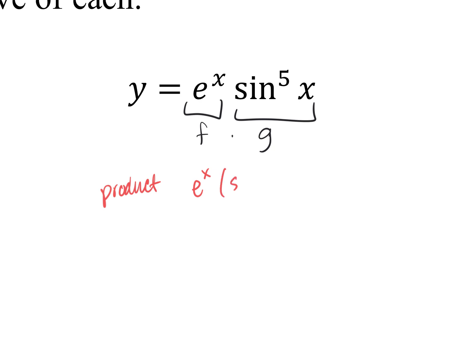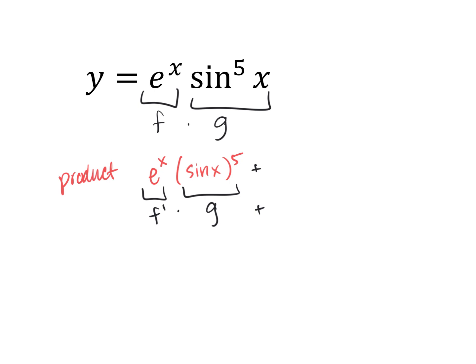Do you agree I could say that this is sine of x to the 5th is my g? Yeah, and I think that might help us to write it that way to help us with our g prime. For g prime, I got to go take the derivative of this whole thing now. Say that again. 5 times sine of x to the 4th times cosine.